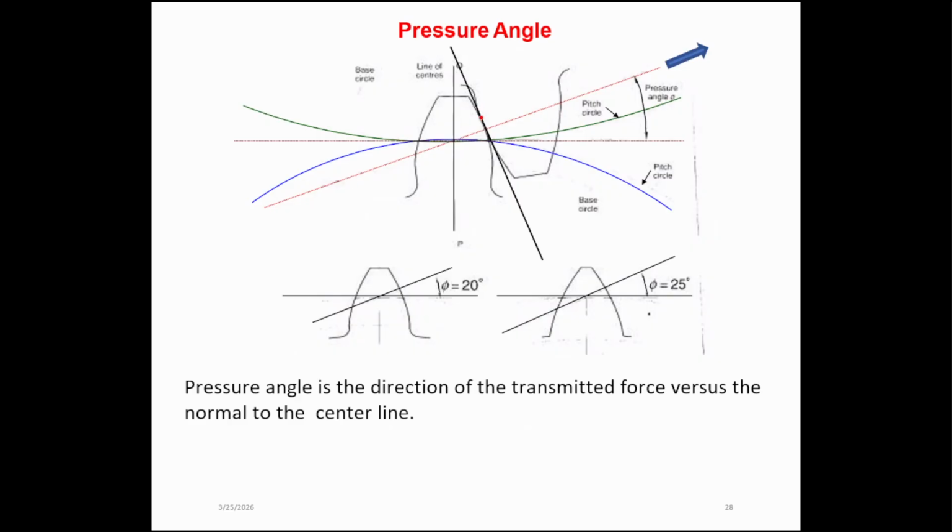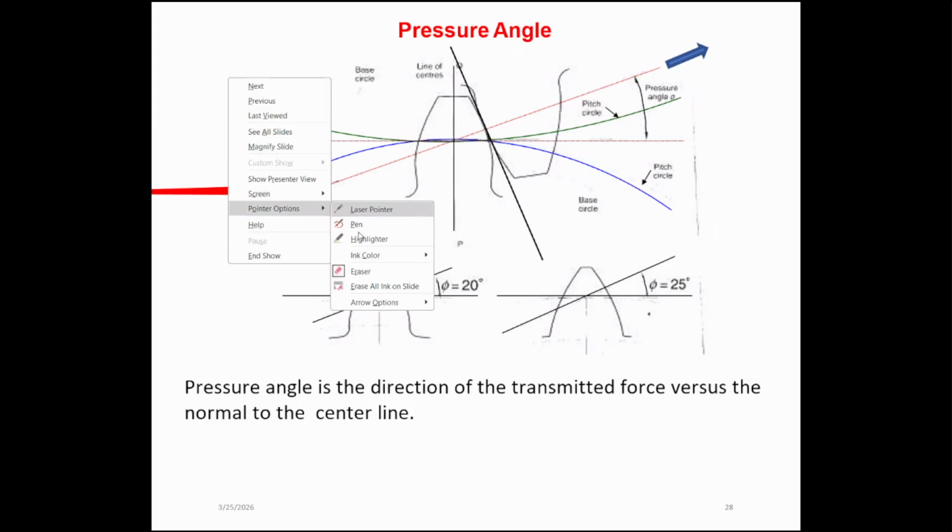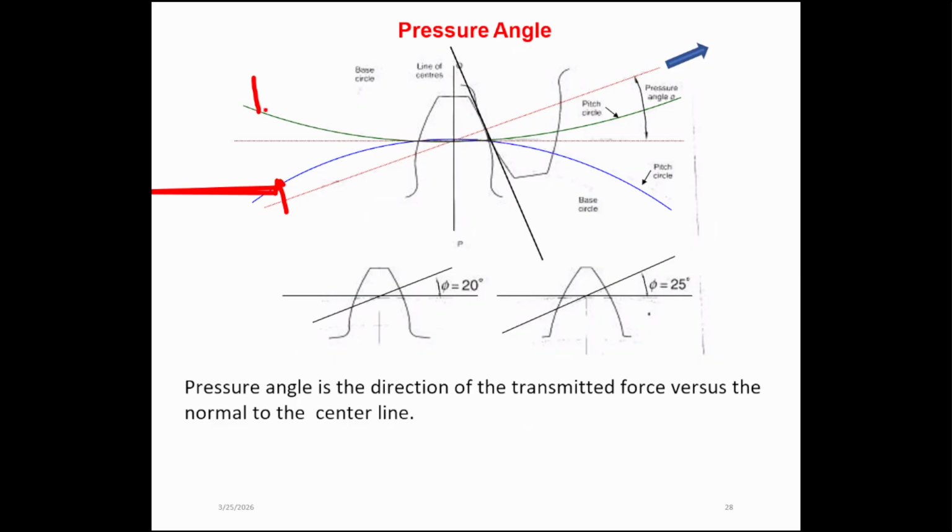But basically, we have two profiles in contact. We call it meshing, right? So this is the pitch circle of the lower gear, and this is the pitch circle of the higher gear, right? Sorry, let me erase this. This one, the green color one.